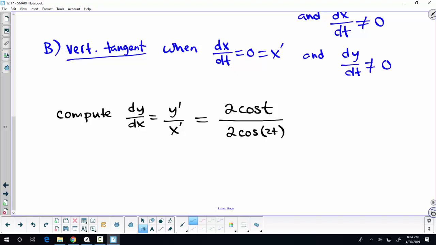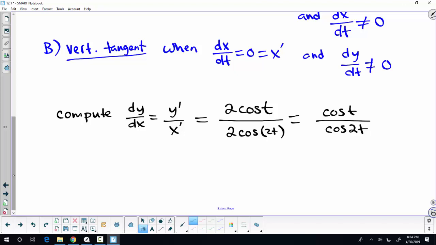So dy over dx is just cosine of t over cosine of 2t. So that's our derivative. We said we've got a horizontal tangent when cosine t is 0. We've got a vertical tangent when cosine of 2t is 0.